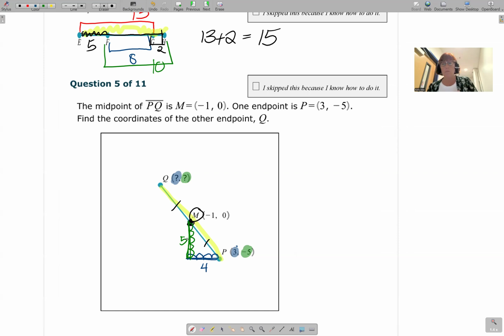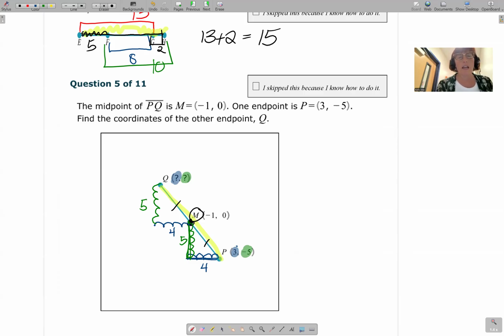Which means if that's the midpoint, the vertical and horizontal motion has to be exactly the same because it's exactly the middle. So we would go 4 units, 1, 2, 3, 4, this way, 5 units up, 1, 2, 3, 4, 5, and you would ask yourself, where would that coordinate be?